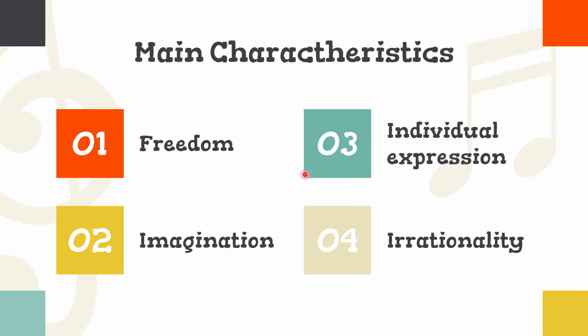The main characteristics of this period were freedom, imagination, individual expression, as well as irrationality. It also embraced all the artistic angles, such as literature, painting, music, architecture, criticism, and history.